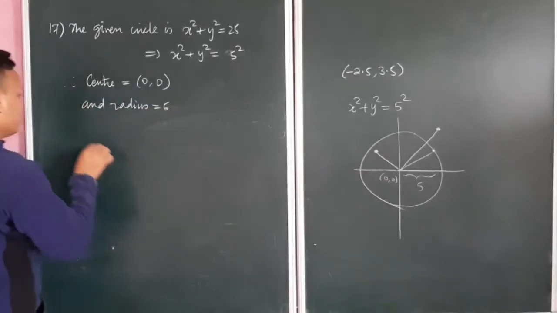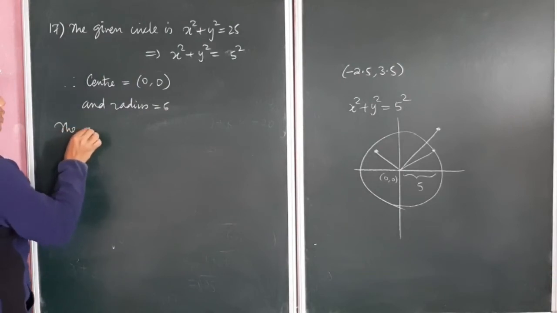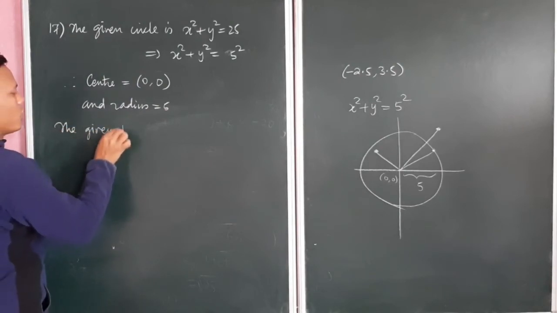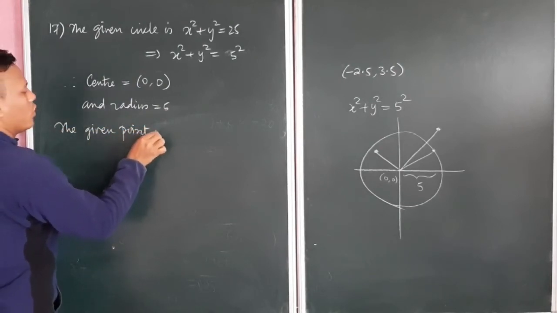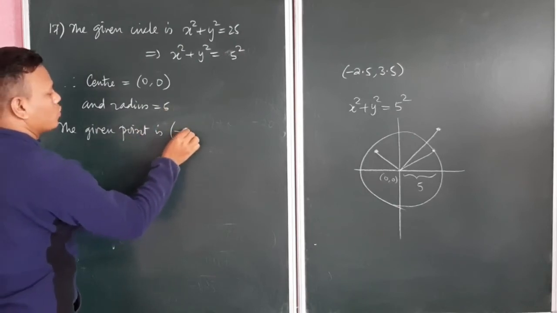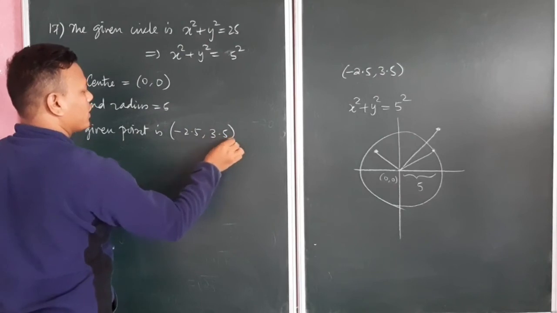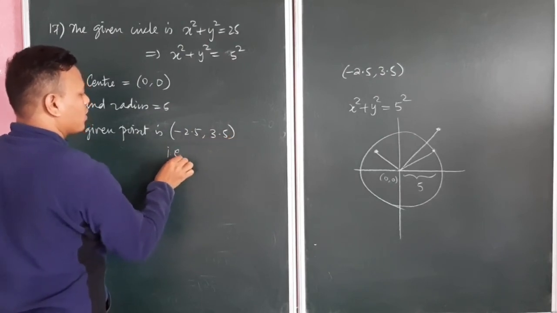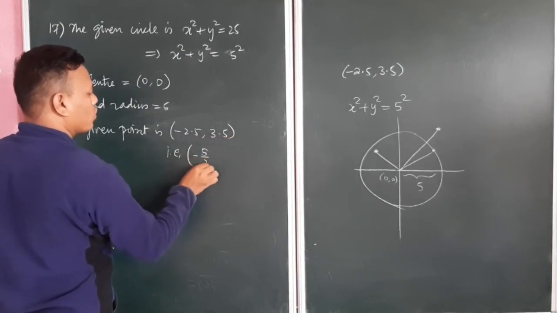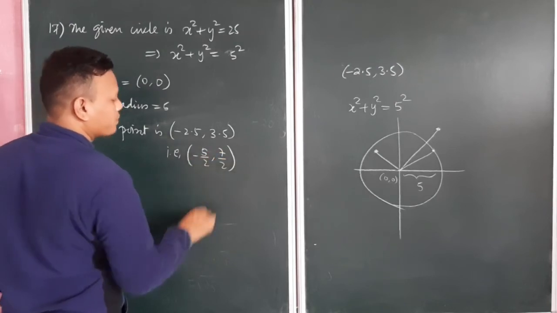Now the given point is minus 2.5 comma 3.5, or you can write this as minus 5 by 2 comma 7 by 2 as well.